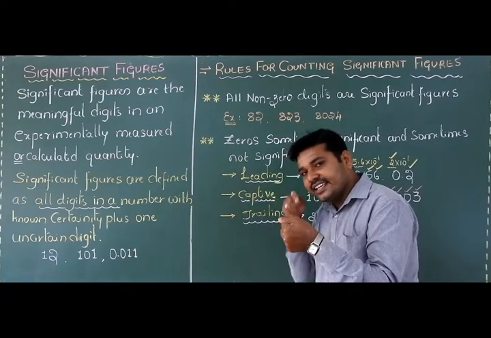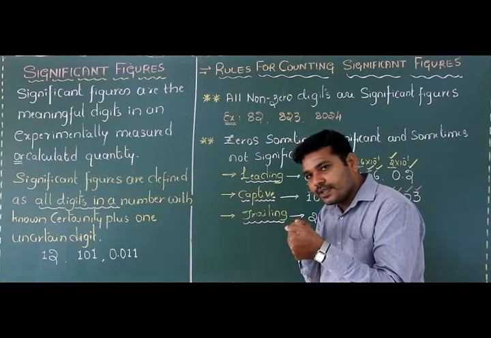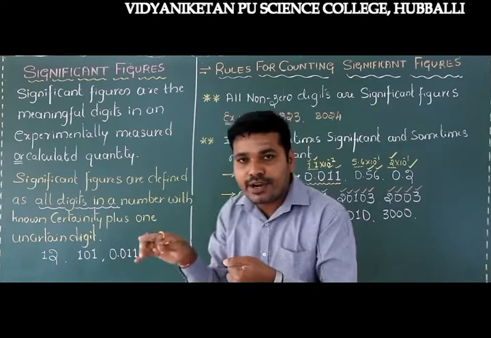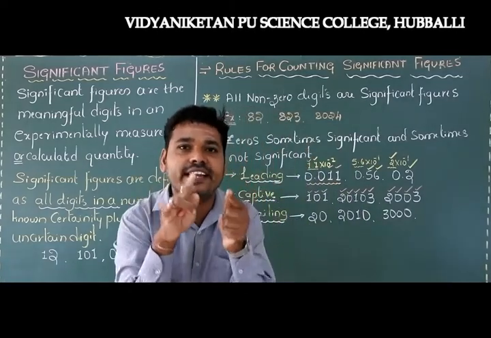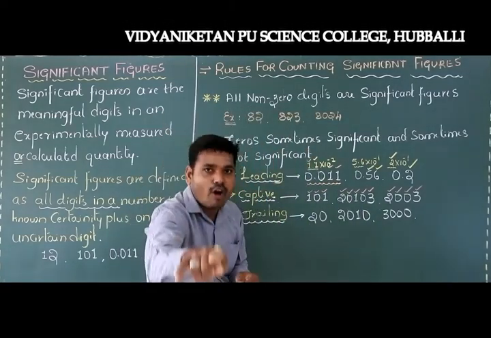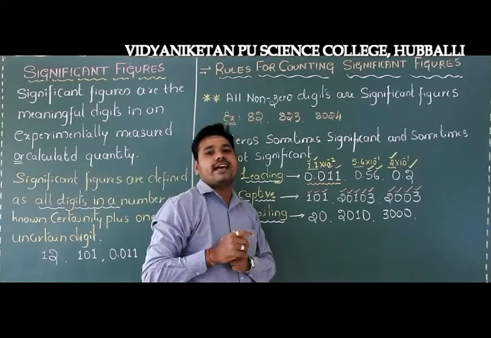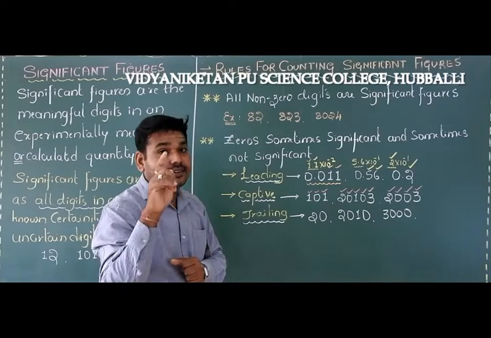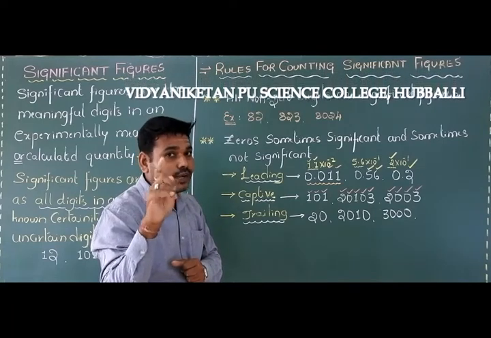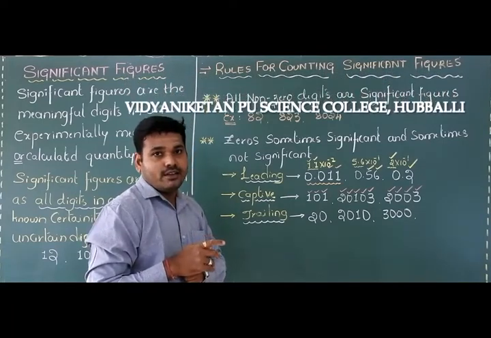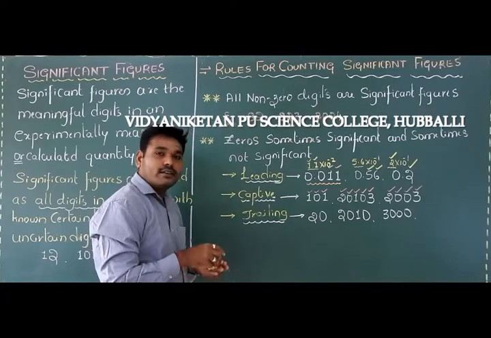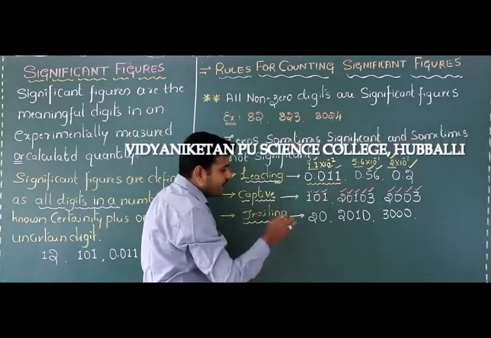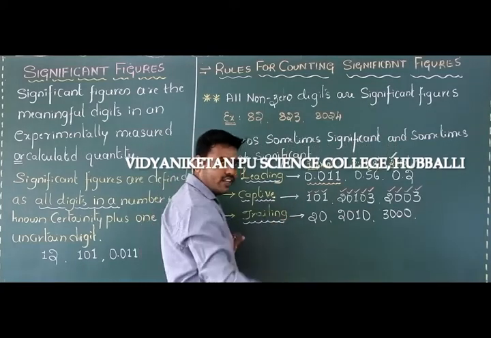These trailing zeros, the zeros which are present at the end of a number which does not contain a decimal point, may or may not be counted as significant figures, students. Listen to this third important type of zero carefully. Based on this trailing zero concept, examples are given here: 20, 2010, then 3000.